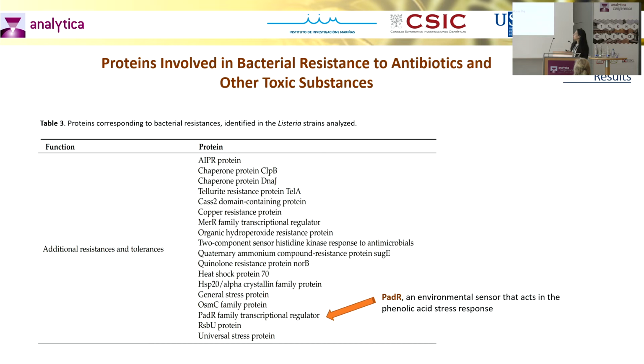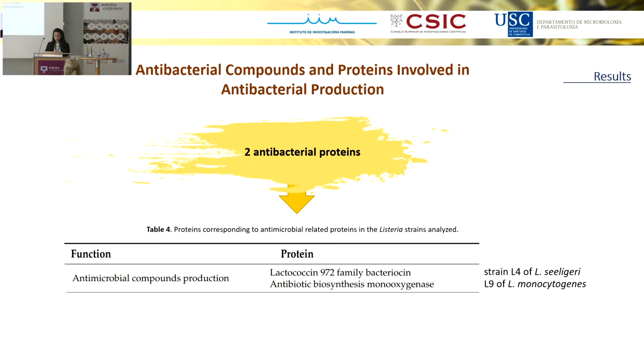PEDR, that is an environmental sensor that acts in the phenolic acid stress response. We also identified 2 peptides of antibacterial proteins, among them a bacteriocin in strain 4, that is a Listeria seeligeri species, and an antibiotic biosynthesis monooxygenase in strain 9, that is a Listeria monocytogenes species.